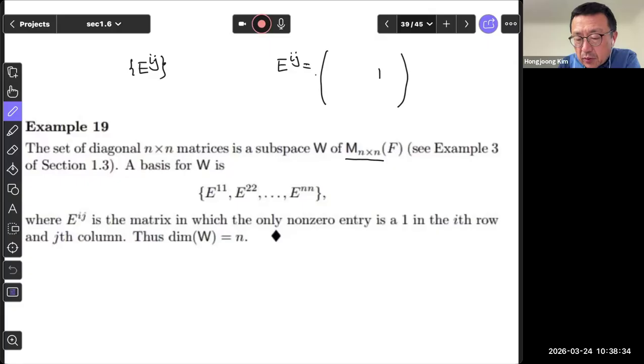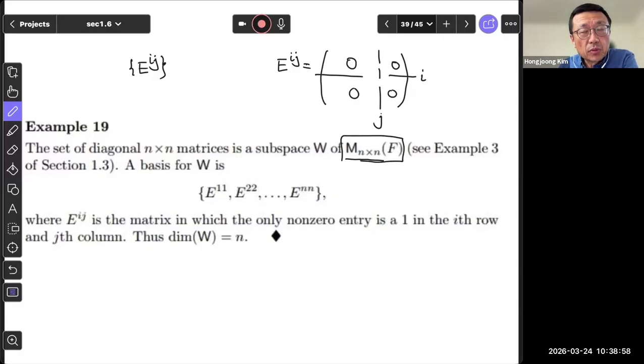It has the value 1 in the ith row, jth column, but all the other entries are zeros, right? So E^ij was one basis for this M sub n by n space. So what was the dimension of this M sub n by n?